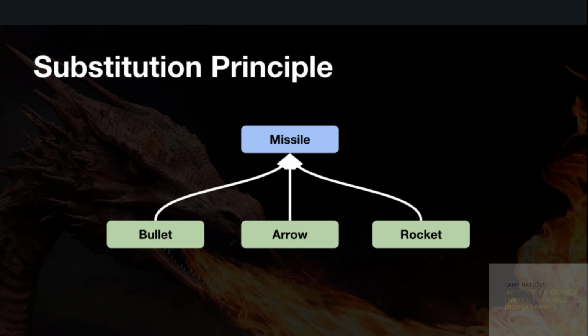It won't know that it's an arrow, rocket, or bullet, but it can treat it like a missile, and it will just do its job without having to know which of the subtypes it is. That's the substitution principle. You can always substitute a derived type, a type that inherits from the parent type, instead of the parent type. So we can pass a bullet to a function instead of a missile. So why does that help us?